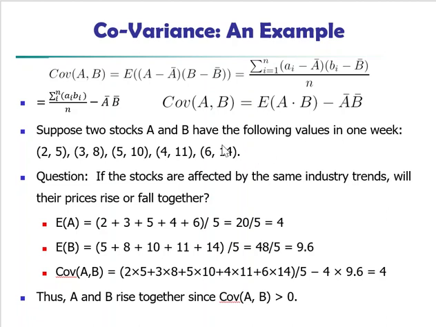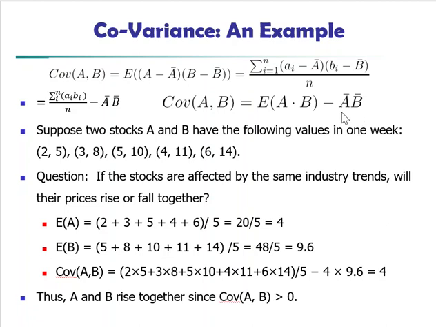In 1 week, we want to see whether the price fluctuations of these two stocks are somehow correlated. Do they rise or fall together? So we first compute the average of A, so E for expected value, which is basically the average. Average of A, and now we can take this, and average of B is that, and we follow this formula.